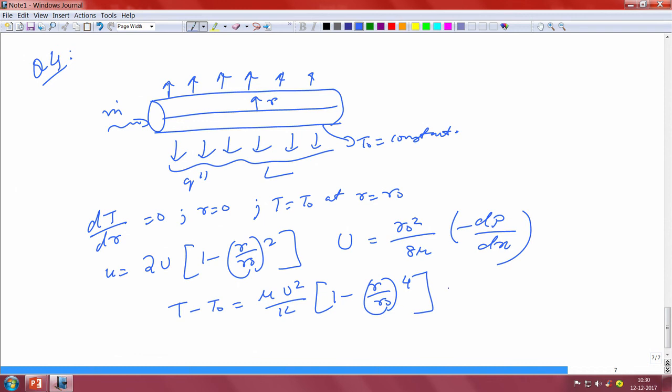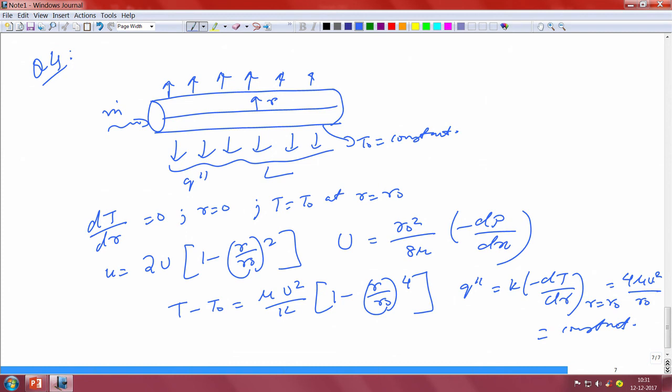Out of that, q double prime is equal to k times minus dT by dr at r equal to r naught, equal to 4 mu U square by r naught. This is also equal to constant.